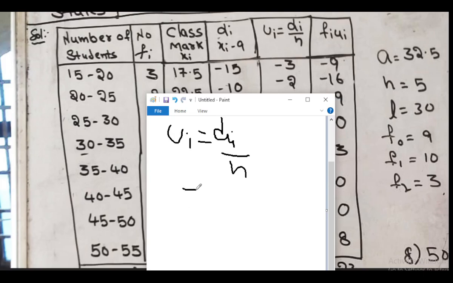The deviation here is minus 15 and the height of the class is 5. So minus 15 by 5 is minus 3, the step deviation for the first class.